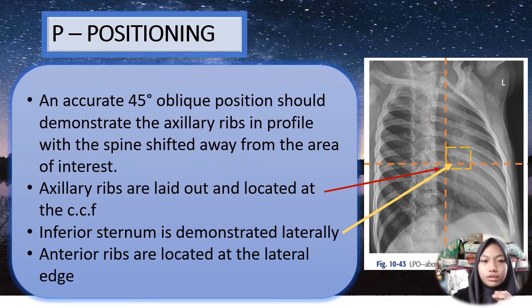And second, we can see the axillary ribs are laid out and located at the center of the collimated field. Third, we can see the inferior sternum is demonstrated laterally. And lastly, we can see the anterior ribs are located at the lateral edge.